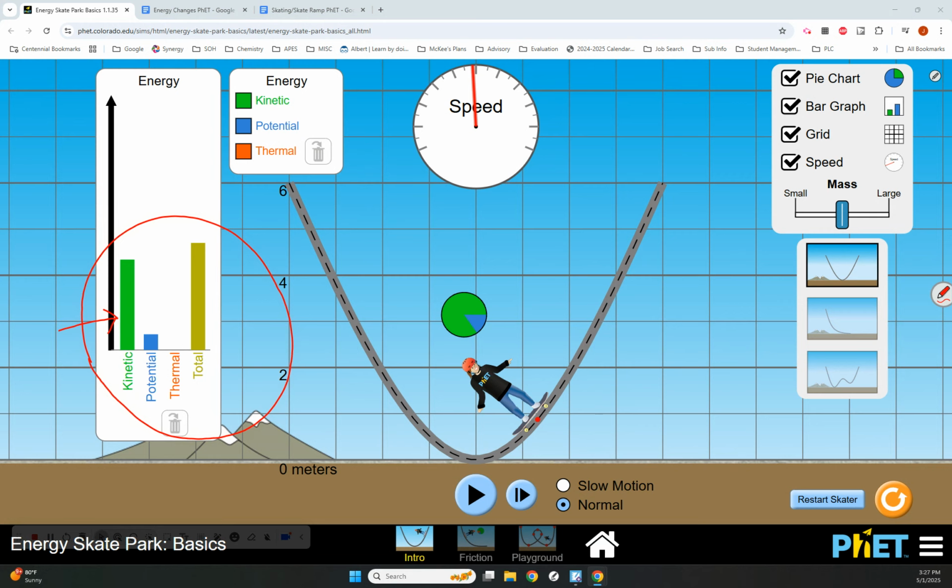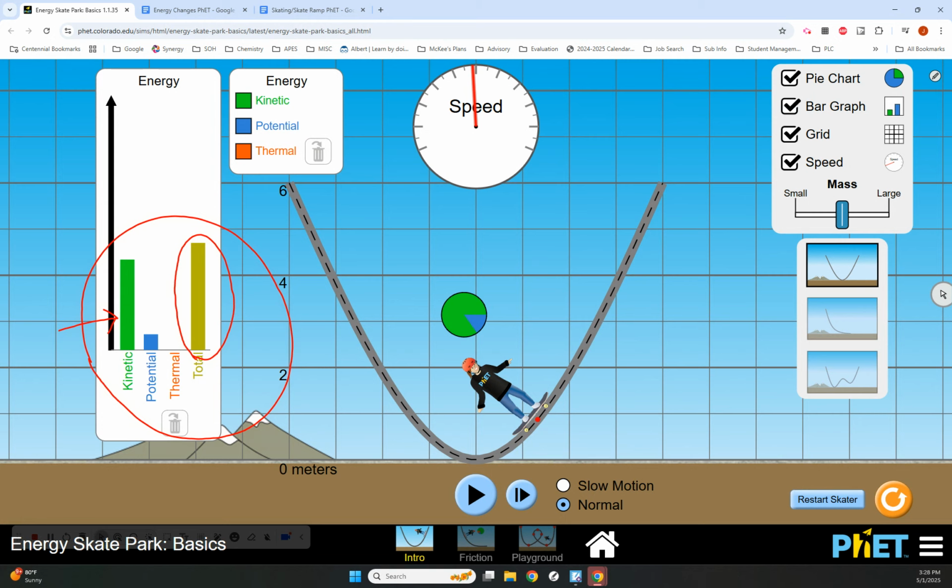If you add the two of those together, it's always going to add up to this total energy amount, because this is a system without friction. So that's the only two places that the energy can go in this system. As we're going to discuss in a minute, this system is not realistic because in an actual environment, you are always going to have friction. You're going to have friction between the wheels of the skateboard and the ramp, and you're also going to have friction between the air and the skater.